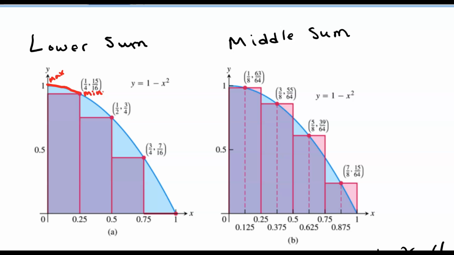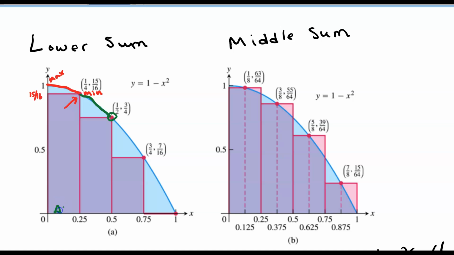In a lower sum, they want you to use the minimal value, so in this case the height would be 15 out of 16. Then as you look at the next region, which I'll color in green, this right here is the minimal value, and that is 3/4, and so forth. That's basically how you would determine the height.